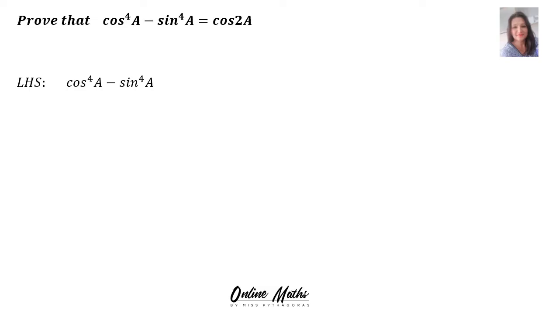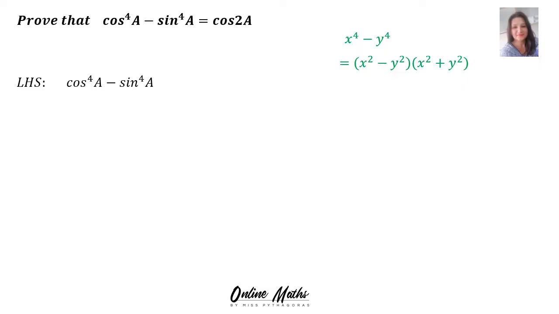When you look at cos to the 4a minus sin to the 4a, that is the difference of two squares. In algebra, if you factorize x to the 4 minus y to the 4, the difference of two squares, you end with, in a bracket, x squared minus y squared and another bracket x squared plus y squared.